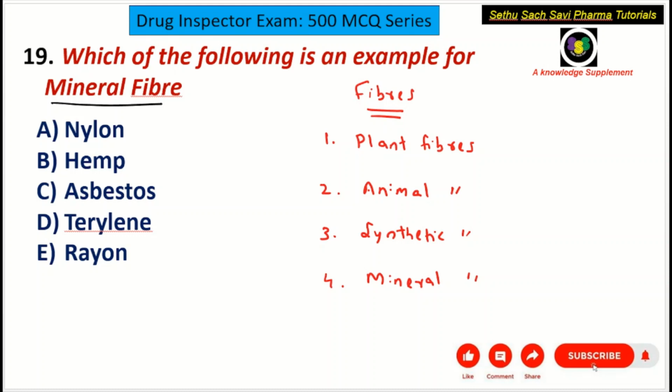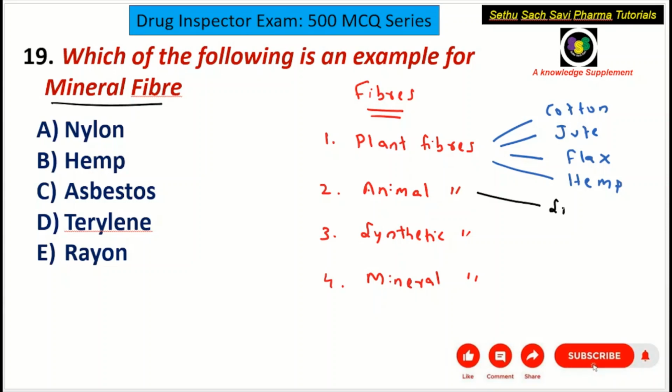Now coming to the examples. Cotton is an example for a plant fiber, jute is a plant fiber, flax is a plant fiber, then hemp is also a plant fiber. Whereas silk and wool belong to the animal fiber category.